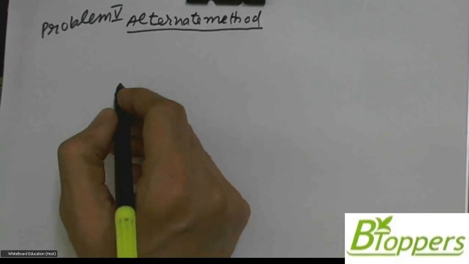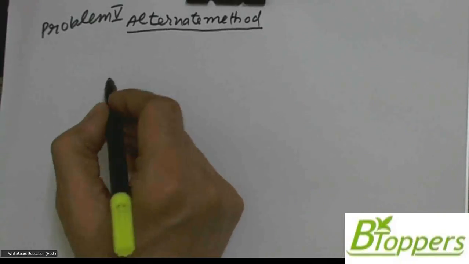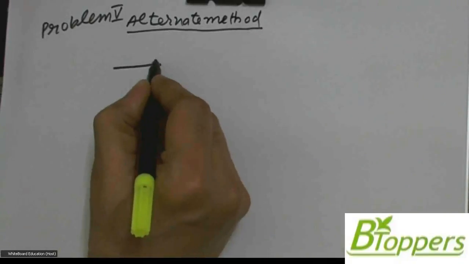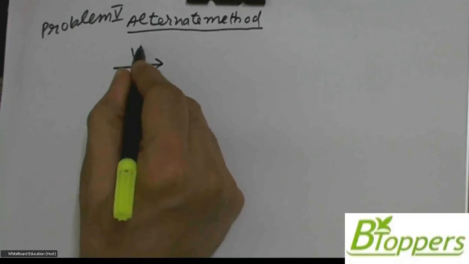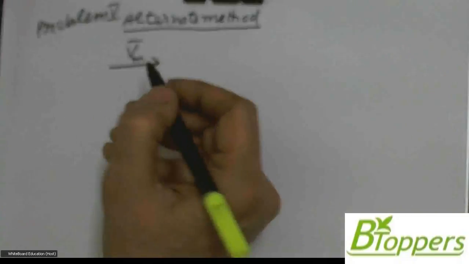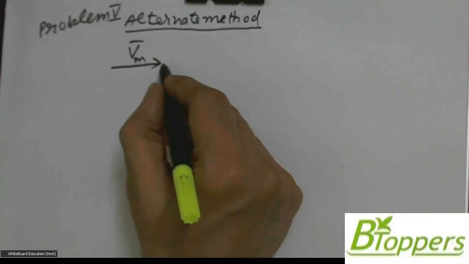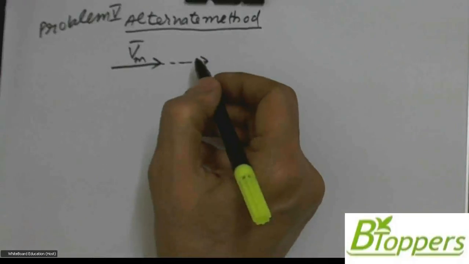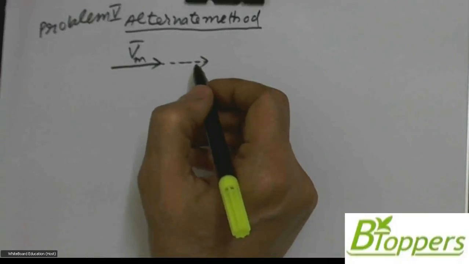In this, it is given that the velocity of the man is in the horizontal direction. I choose the direction of the motion of the man as one of the coordinate axes.